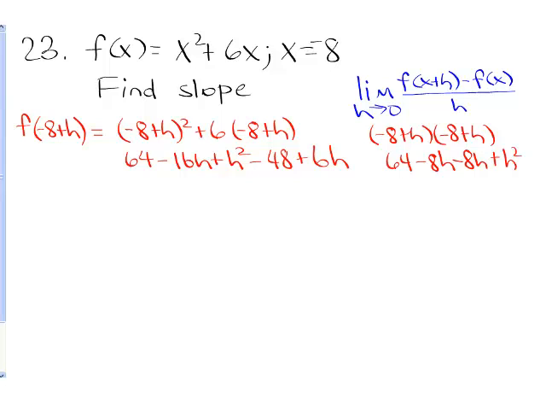So we're just looking at 2 times negative 8 times h, and whatever signs and numbers you get, that's your middle term. 64 minus 48 is that 16? I think. So 16 minus 10h plus h squared. I think that's what it is.